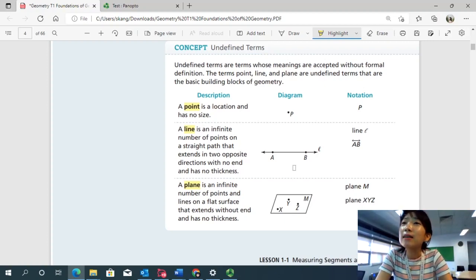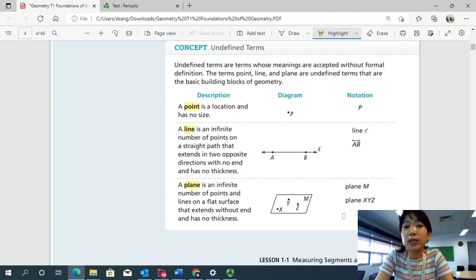A plane is an infinite number of points and lines, not just points, also lines. So a plane consists of a lot of lines, and so it also consists of infinitely many points.